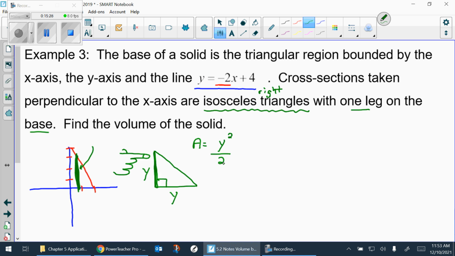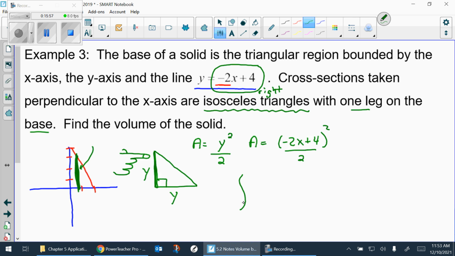So, what's an expression that involves both x and y? Well, I'm told that y is equal to this, and that is in terms of x. So I'm going to say area is negative 2x plus 4, squared and divided by 2. That is the area of every single slice.